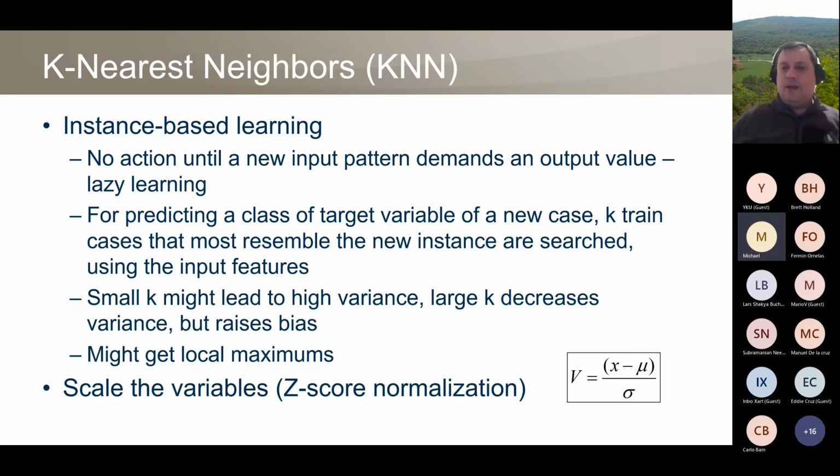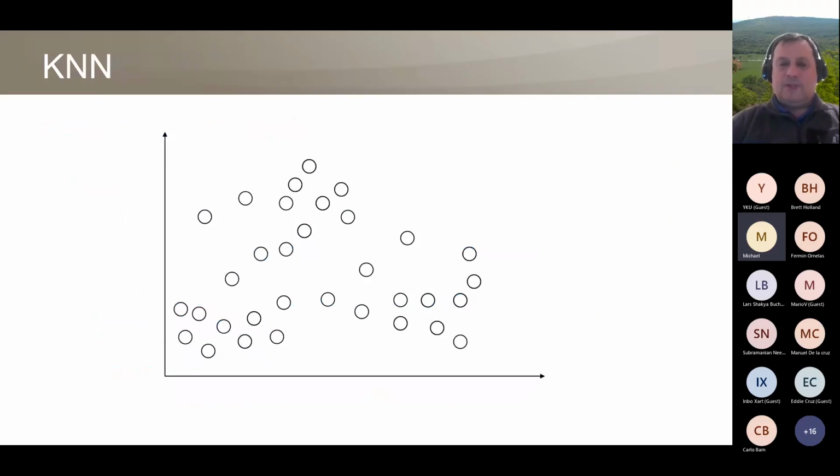Z-score normalization means from every single value you subtract the mean of the variable and divide this by the standard deviation of the same variable. And with z-score normalization, the new variable has a mean of 0 and a standard deviation of 1. So all variables that are normalized have the same mean, the same standard deviation, so they are on the same scale.